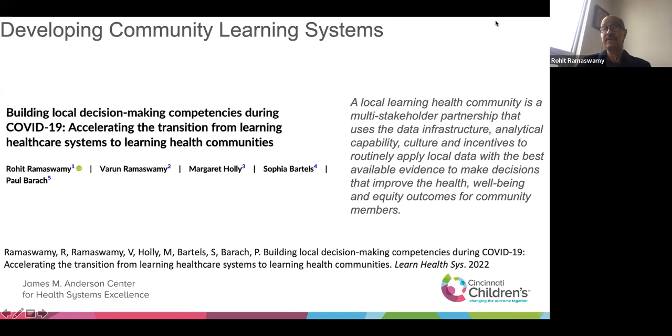And we are very far away from that. But this paper begins to talk about some of the capacities that need to be built in communities for that to happen. And some of the learning from this came from the project that I'm going to be talking about for the rest of my talk today.